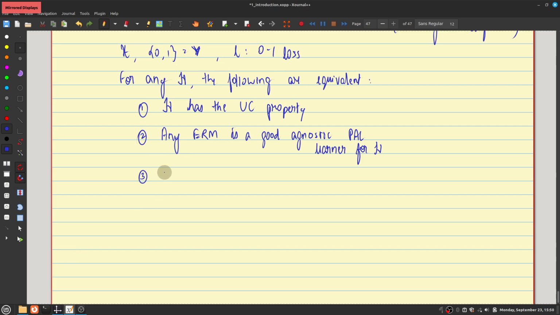H is agnostic PAC learnable. The empirical risk is the same for all the minimizers, and you decide how you are going to pick one of them. But no matter what happens, you will always select the one that minimizes the empirical risk.